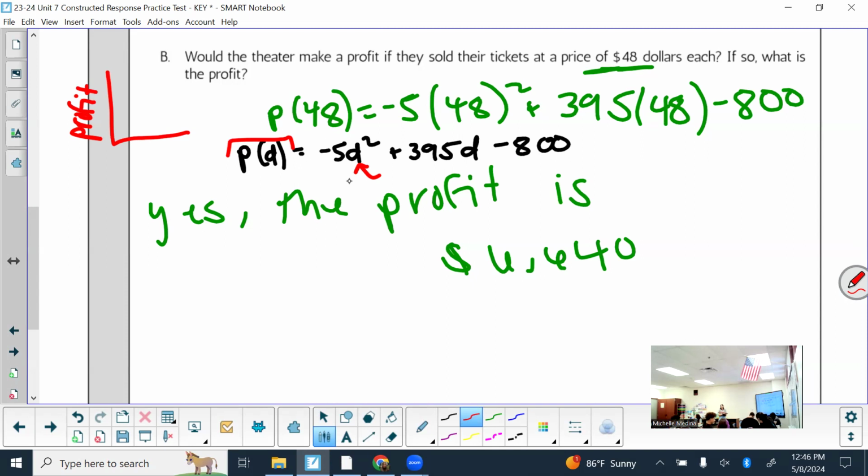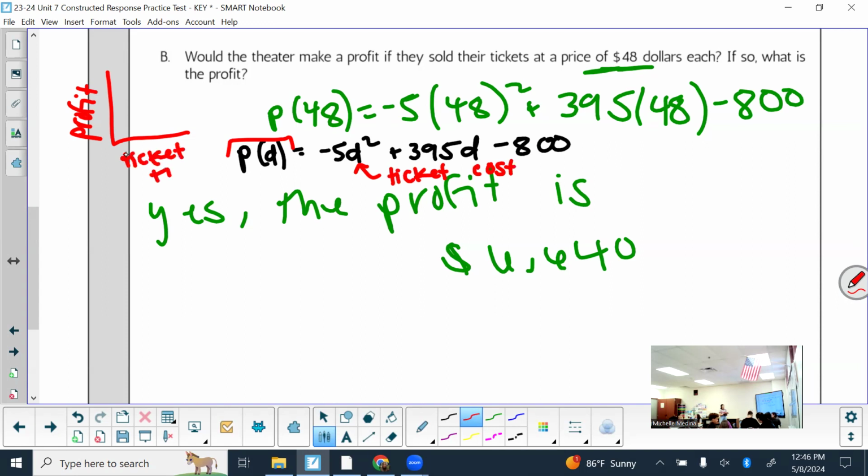Dollars of what? In relation to what? Because both are in dollars. The D itself, reread the ticket costs. D is ticket cost in dollars. That's why I don't want to just put dollars here.